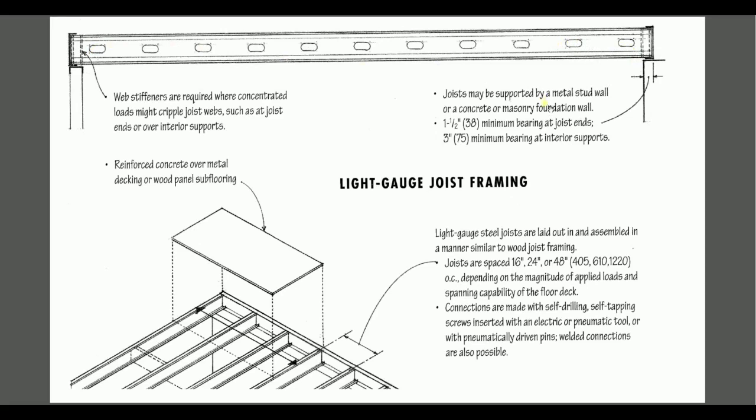In order to make the joist lighter, we drill big holes in the web here. Because we made some big holes here, it made the joist lighter and stronger. It looks like we have the stiffener here. We separate the stiffener here and connect all the stiffeners here, so it's making it stronger.